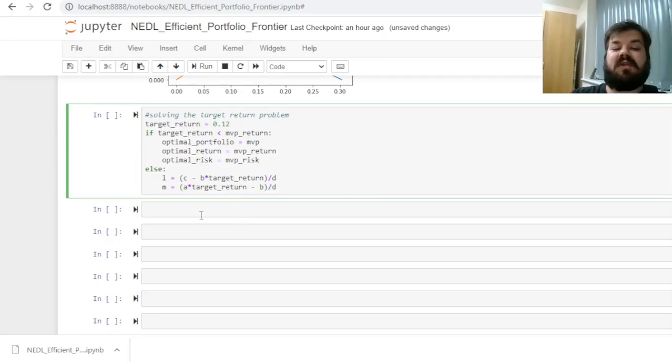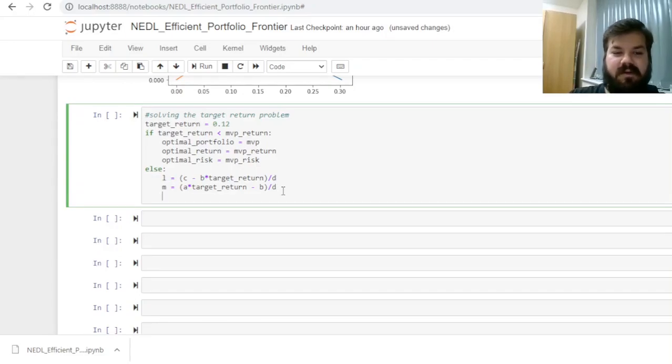There is some nice symmetry here and some bit of common sense as well. As our target return goes up, we want to weigh in less and less of the minimum variance portfolio and more of the tangency portfolio. Up to a point, we would short sell the minimum variance portfolio to get more of the tangency portfolio.